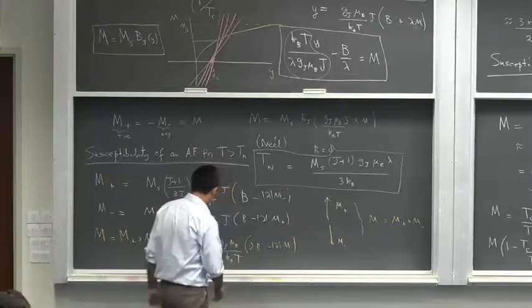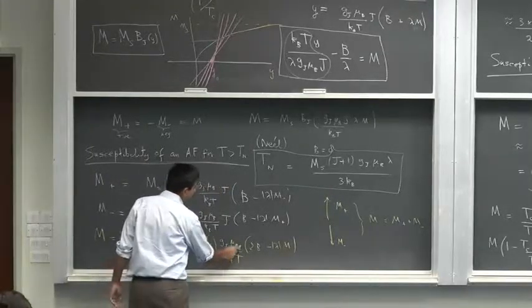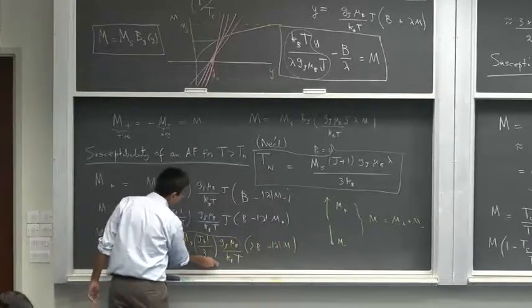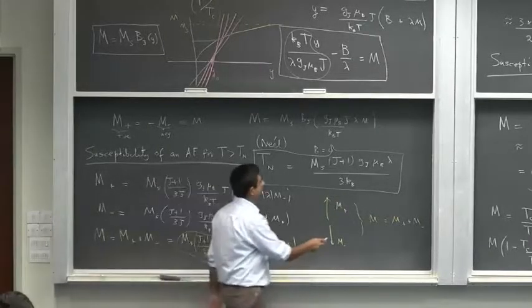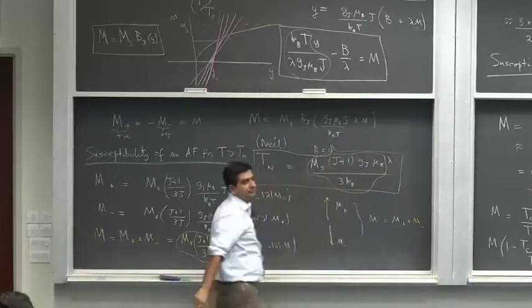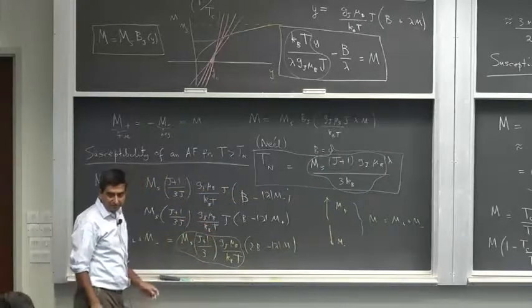M is J plus 1, this thing is this thing over here, and it's a constant, a characteristic of that particular antiferromagnet.